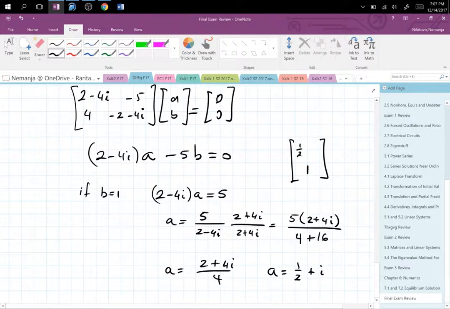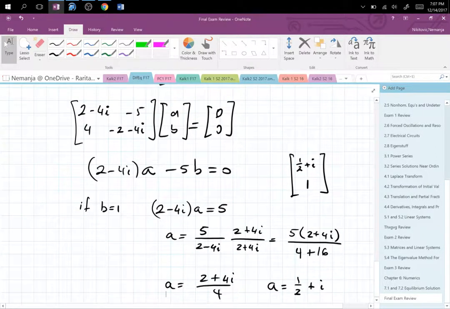Why was that 4 plus 16 again? When you FOIL these, it's a minus b times a plus b, so you can just square them and subtract them. So we got our first eigenvector, and we have the first eigenpair, between the complex number and the eigenvector.